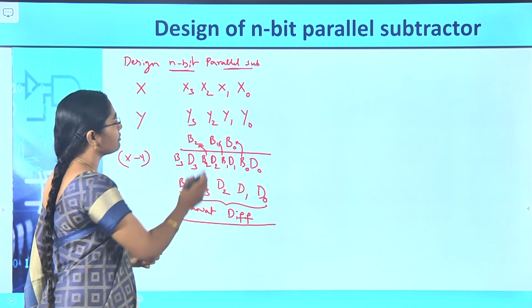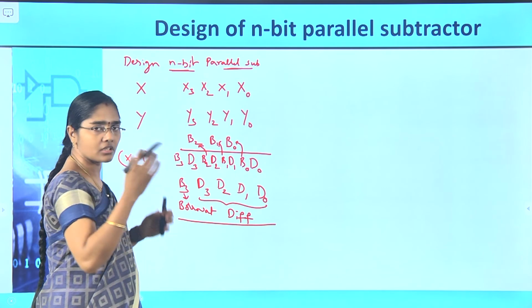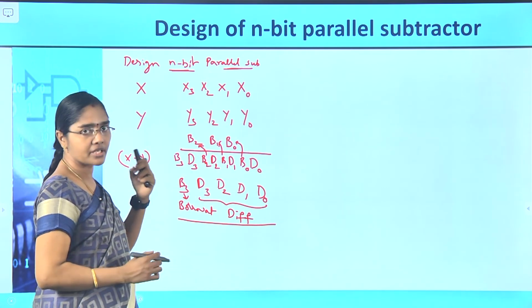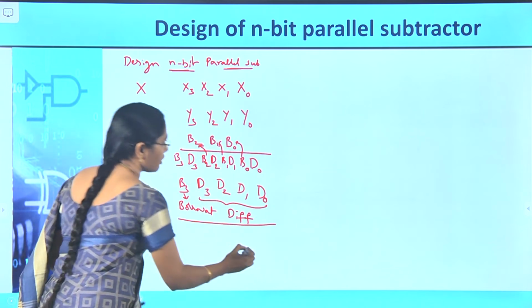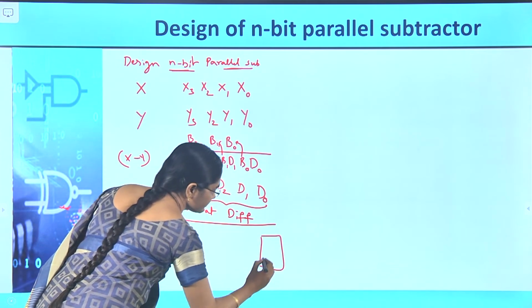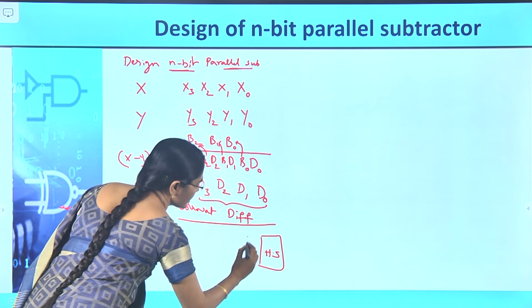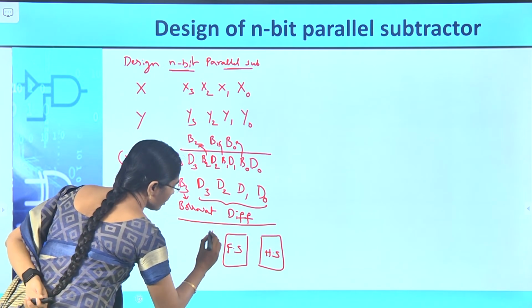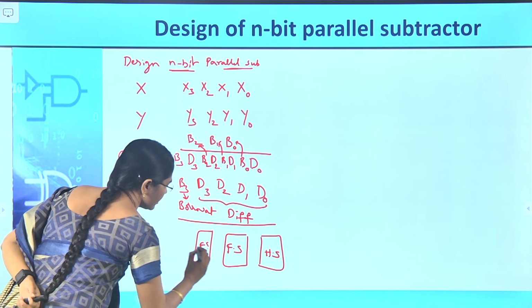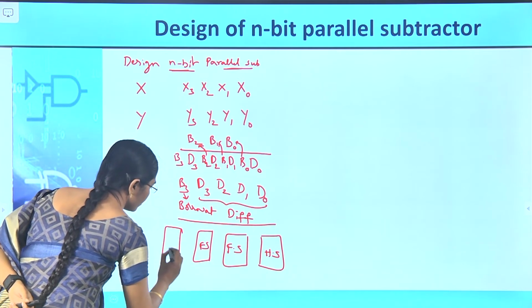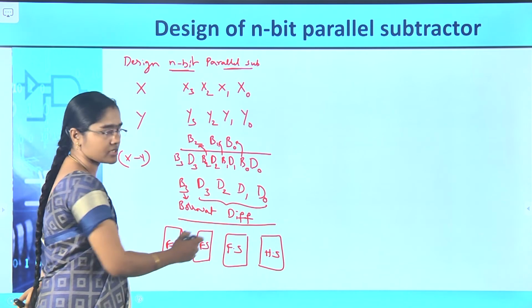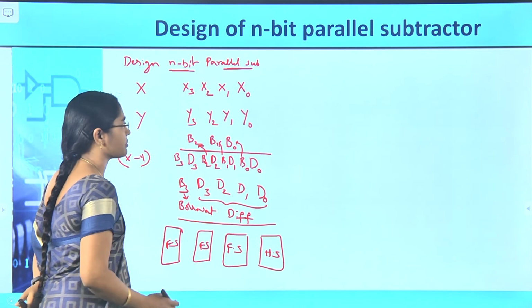Okay. Now if I replace this with the logic diagram, then a half subtractor and 3 full subtractors are required. So first column half subtractor, and second column full subtractor, and the third column full subtractor, and the fourth column also full subtractor. So how many full subtractors? 3 full subtractors and 1 half subtractor.